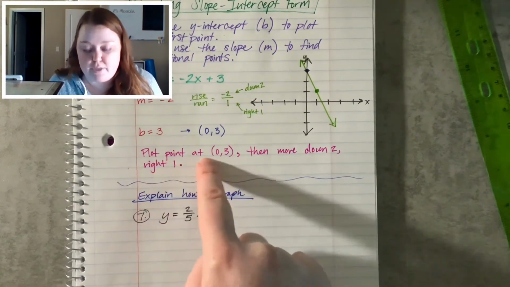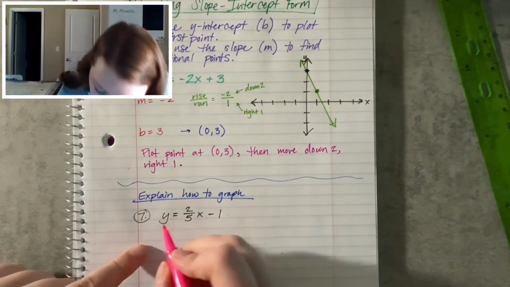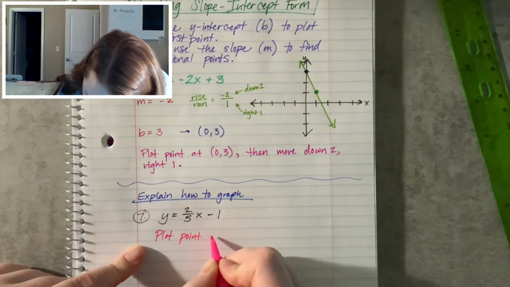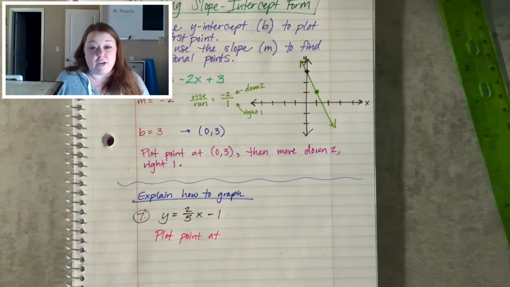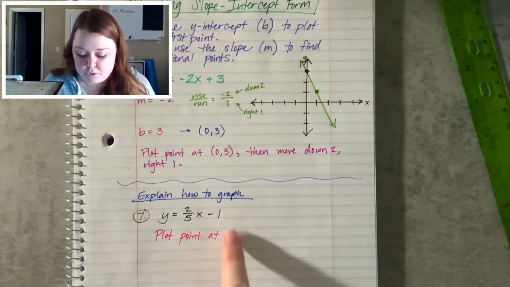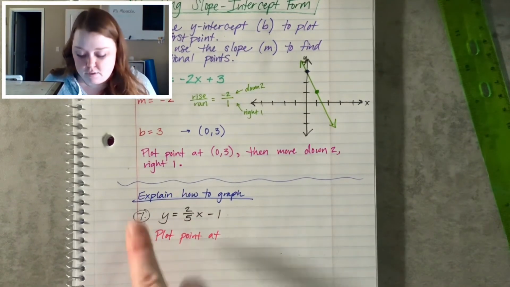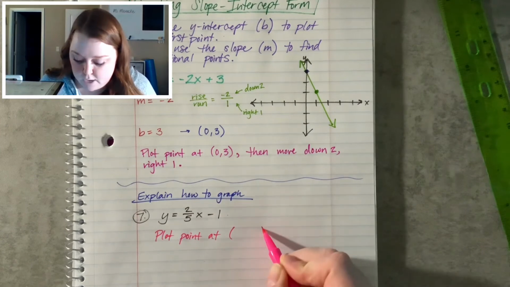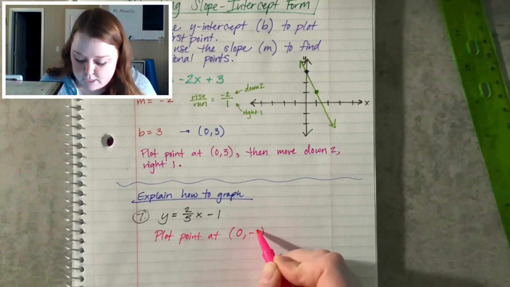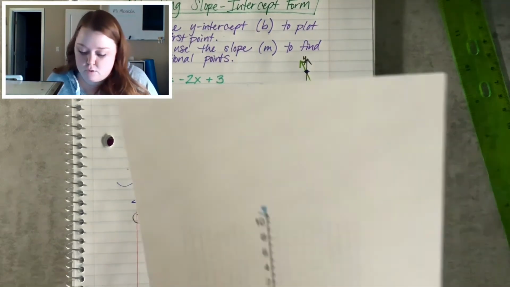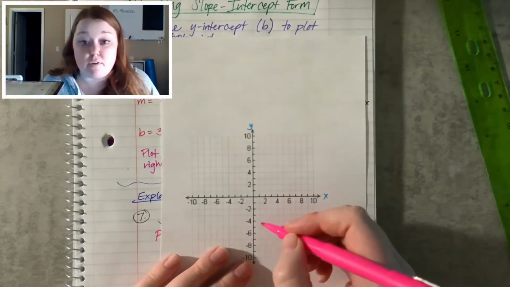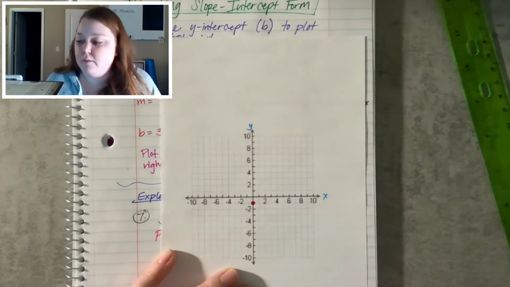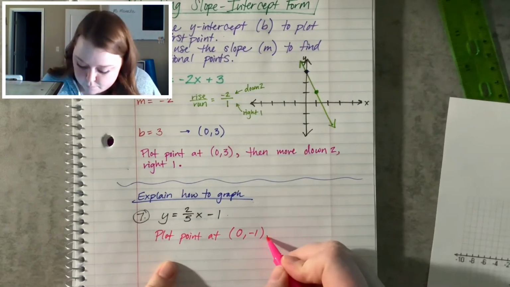You're going to plot point at something. So I'm going to start by doing that. Plot point at, okay, now you've got to locate your y-intercept. What's your y-intercept here? It's -1. But location-wise, that would be (0, -1). So if this was our graph, and I know you don't have a graph, just watch though, we plot a point at -1.